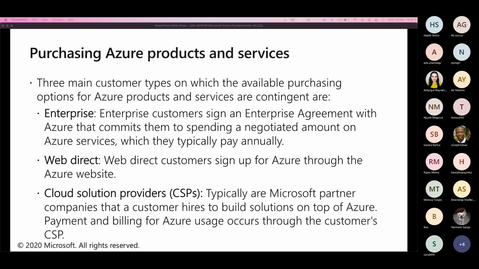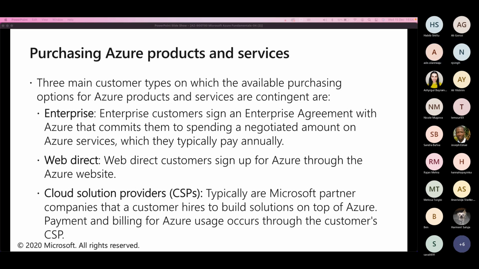So then you've got web direct. Web direct customers sign up for Azure through the Azure website, and you have the cloud service solution providers, who typically are Microsoft partner companies that a customer hires to build solutions on top of Azure.